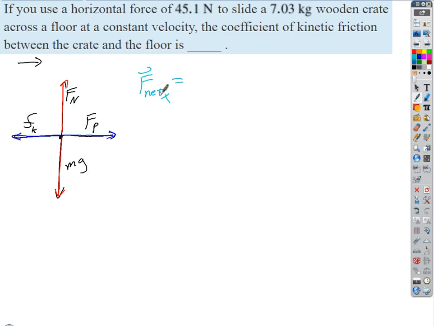What are they? F sub P in the positive direction, minus, because it's going backwards, it's resisting us, so it's negative F sub K.